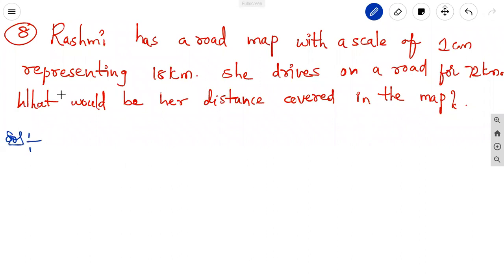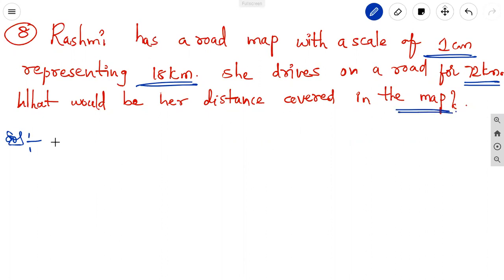Eighth question. Rashmi has a road map with a scale of 1 centimeter representing 18 kilometers. She drives on a road for 72 kilometers. What would be her distance covered in the map?